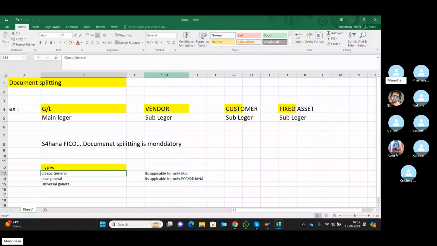If you check in ECC, in SPRO, if you can find the new accounting GL concept, you have to keep in mind that the client is using the new general ledger. Whenever you are not able to find this new accounting GL, you have to keep in mind that the client is using classic general ledger. This is the main important point for ECC. You can find the differences here. For example, I will show.